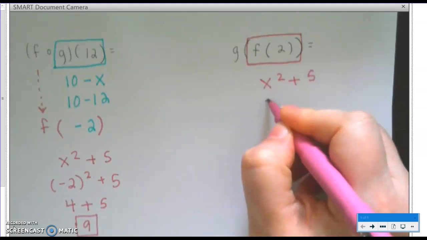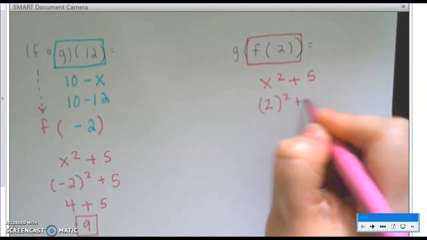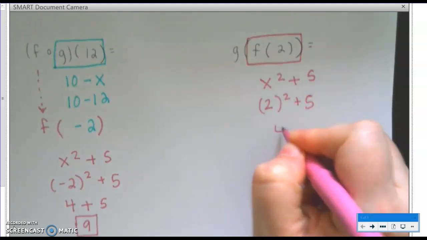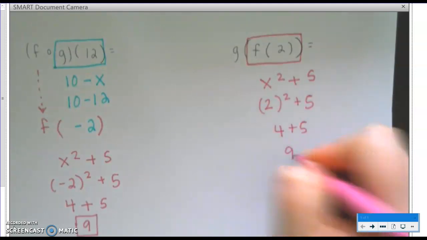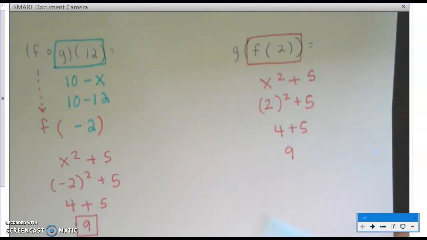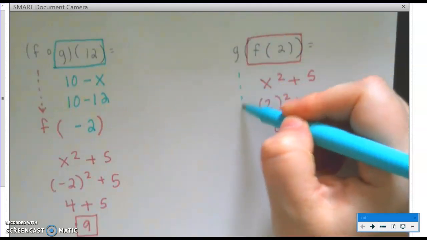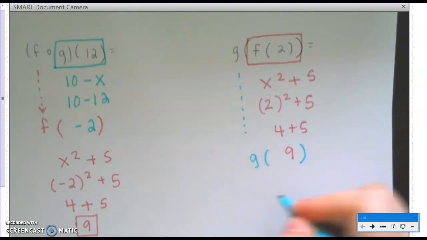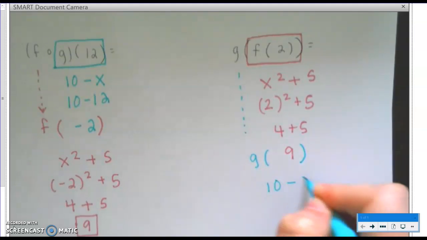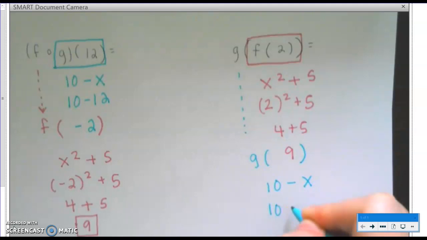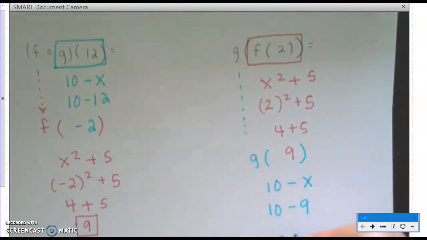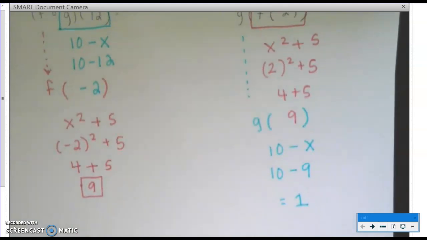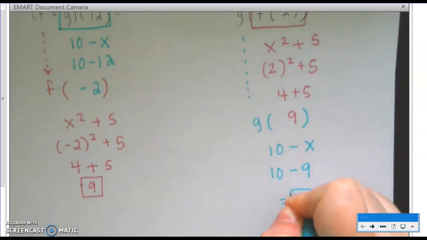I'm going to replace the x with 2. 2 squared is 4. 4 plus 5 is 9. And then I'm going to plug 9 into the g function. So my g function was 10 minus x, so I'm going to replace the x with 9. 10 minus 9 is 1. So 1 would be my final answer for this one.